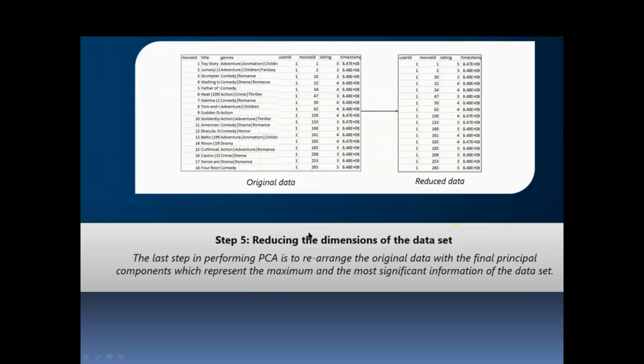In the end, what is the ultimate goal? Our ultimate goal is to reduce the dimension of the data set. For example, look at this particular data set, guys. How many features are available right now? In the original stage, look here, how many features are presented?